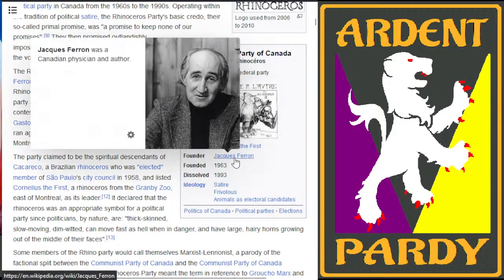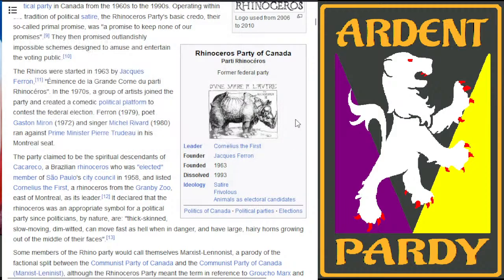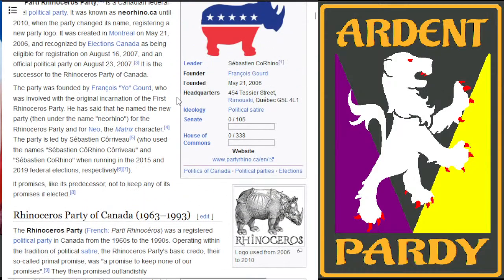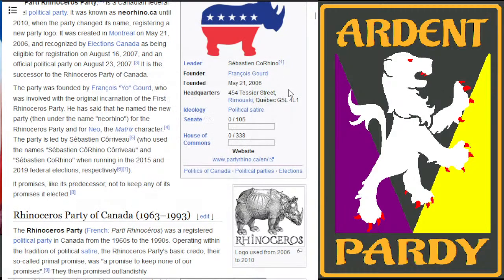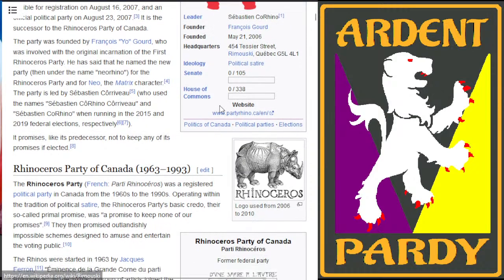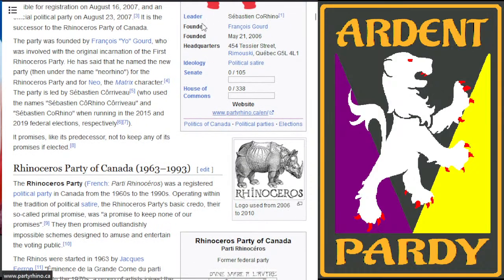This says they were founded by Jacques Ferron, but that isn't exactly correct. This is the old Rhinoceros Party. The current Rhinoceros Party was founded by Francois Yogord. The leader is Sébastien Courreneau. Of course, there's no link or anything, so it's not really worth bothering with.